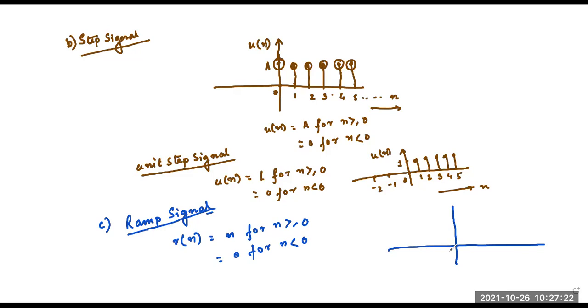What I told, r(n) equals n. So this is 1, this is 2, this is 3, this is 4, this is 5, and it will go on to n. This is n, this is r(n).